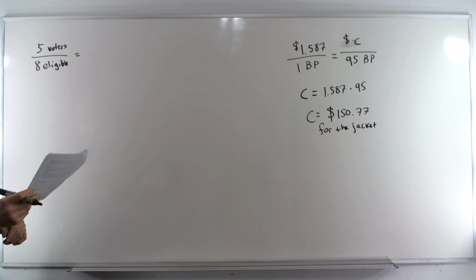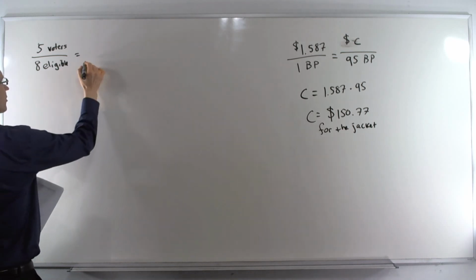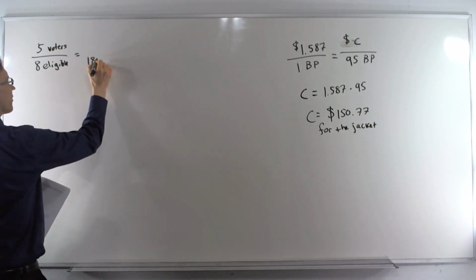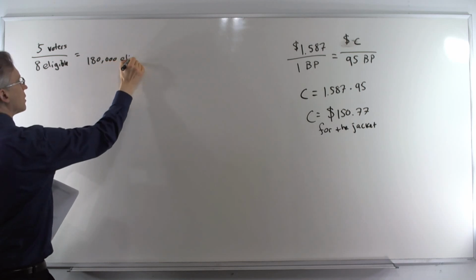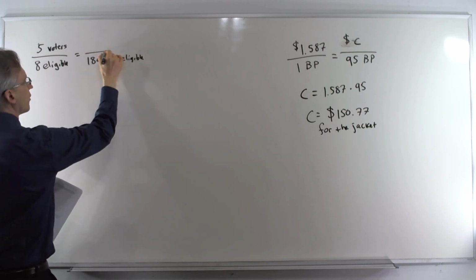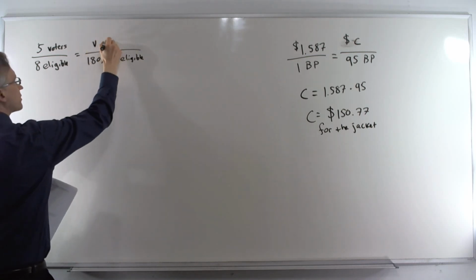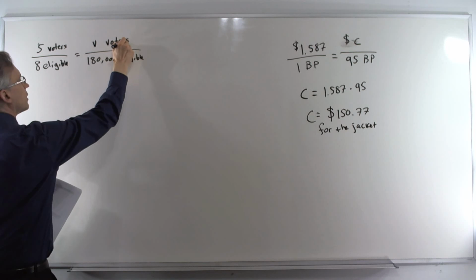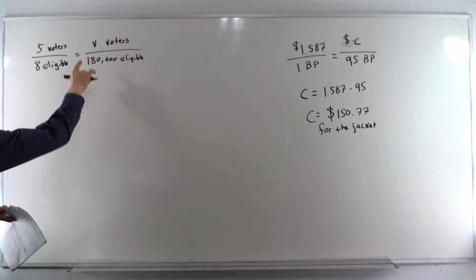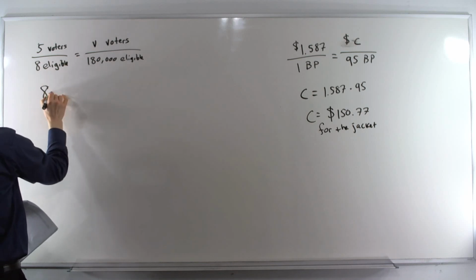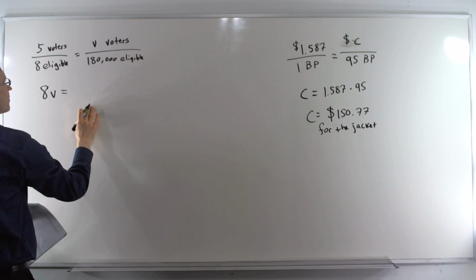We have a city with 180,000 eligible voters. So the eligible voters will remain on the bottom in the other fraction, so 180,000 eligible voters. And on top, I'll just call that V voters. Now we'll cross multiply. V times 8, that's 8V, equals 5 times 180,000.